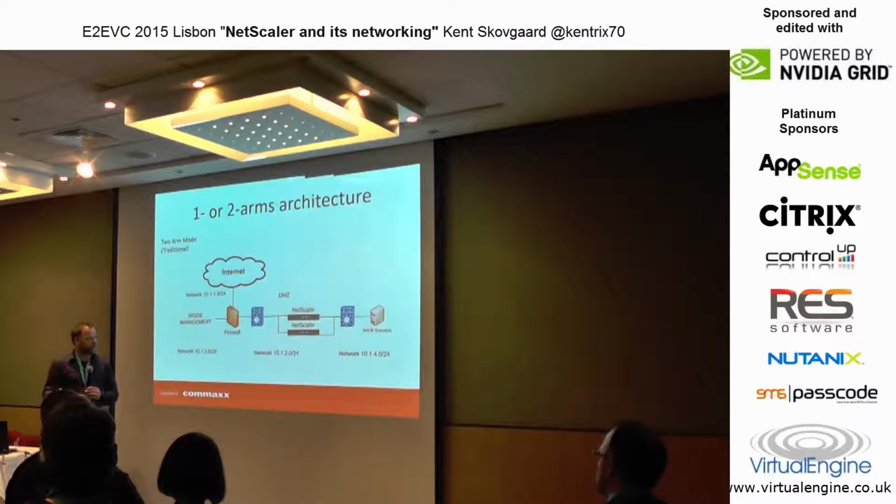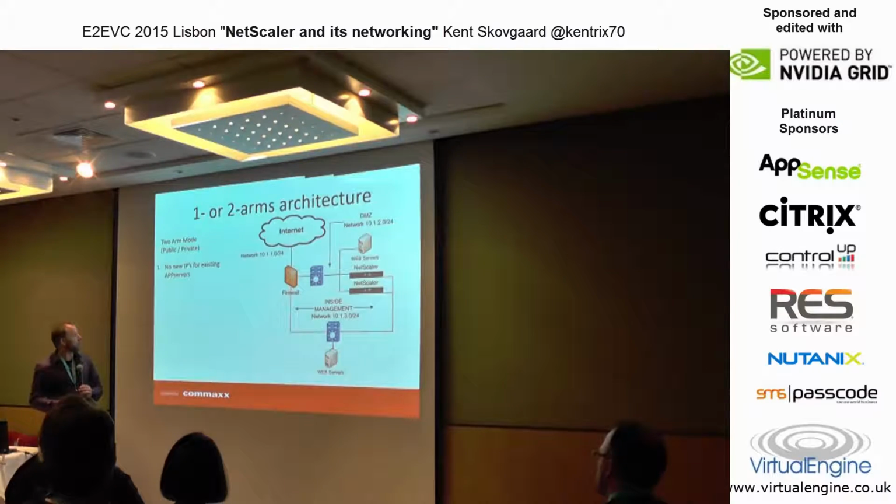You have the same problem that you're traversing the firewall, and you have to change stuff. So today, most people want to do it with one network interface on the DMZ and one network interface on the internal network. Maybe more than that, but for simplicity, I just chose the 2-arm mode here.